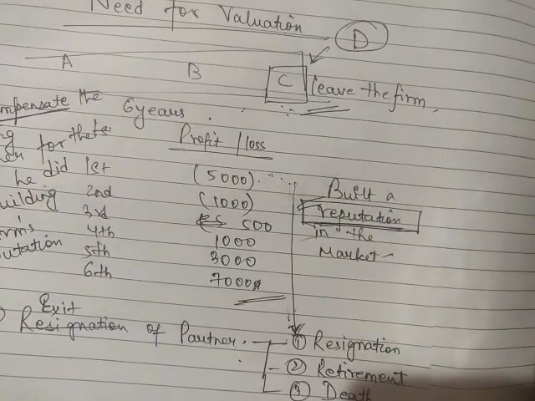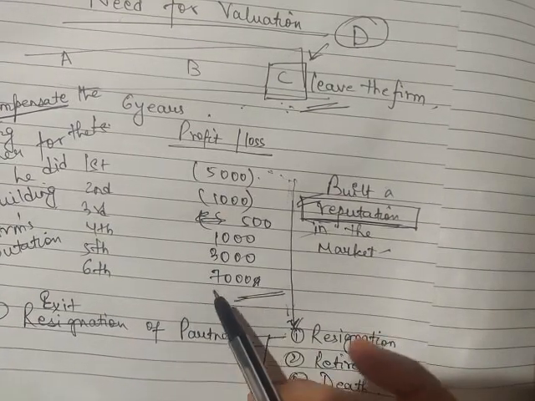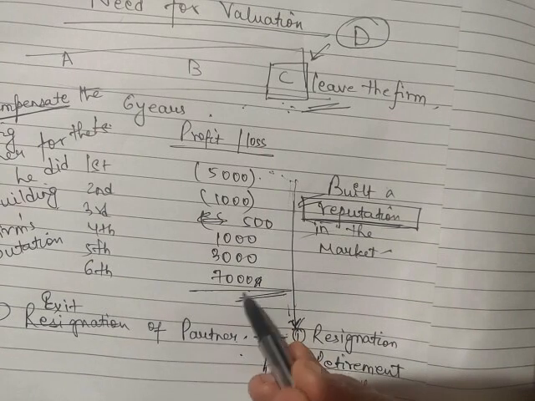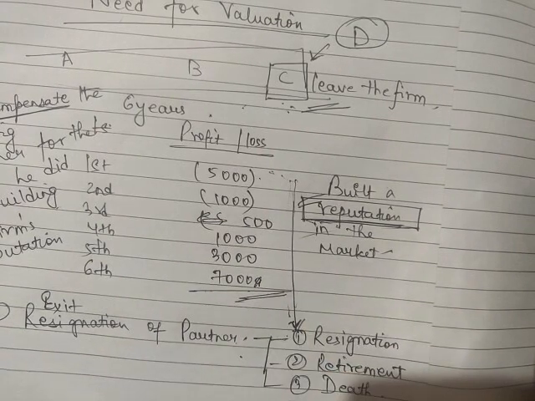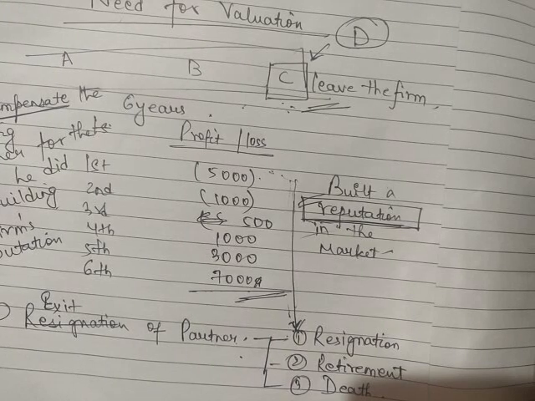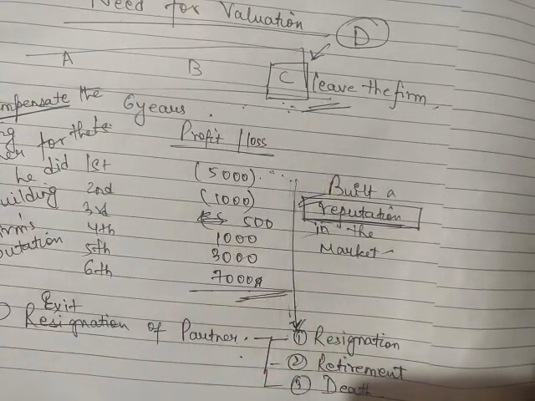Now, D is going to begin sharing the profits of the company from the sixth year. He did not have to bear the losses of the company ever because the reputation had already been built in. The foundation of the firm had already been laid by the existing three partners.